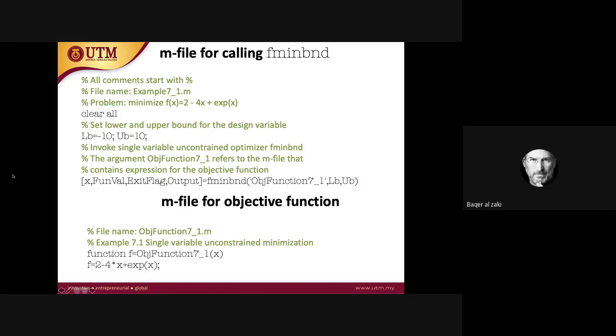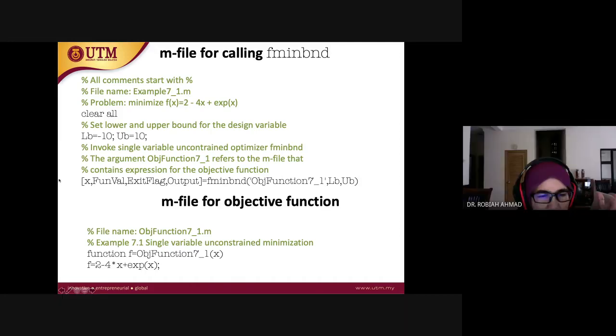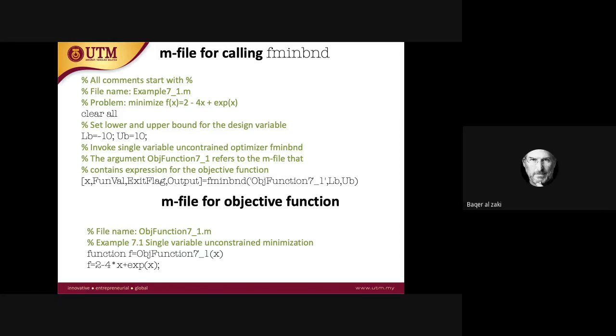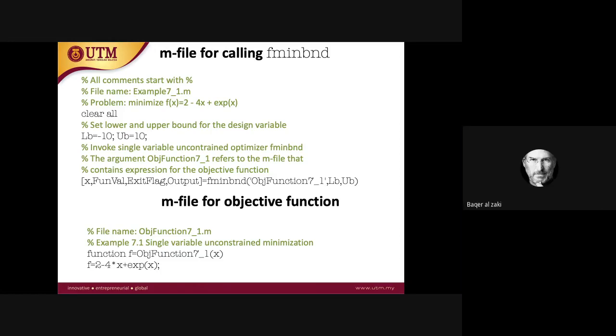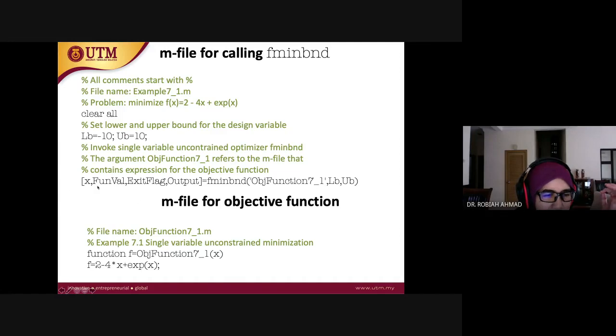I mean, this one, the formula for fminbnd is different from what we've worked on. This one, the slide right now. This one is quite different from what we applied. The syntax. I'm using the full syntax.